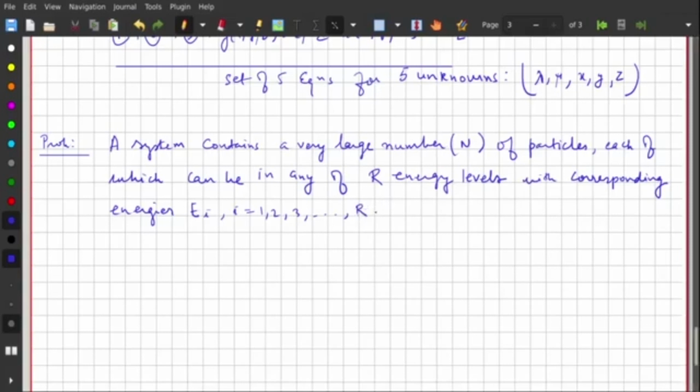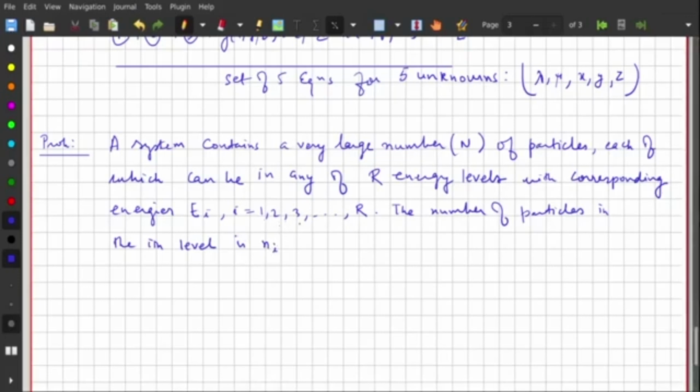The number of particles in the ith level is given by n sub i.